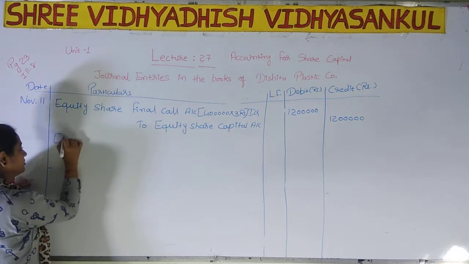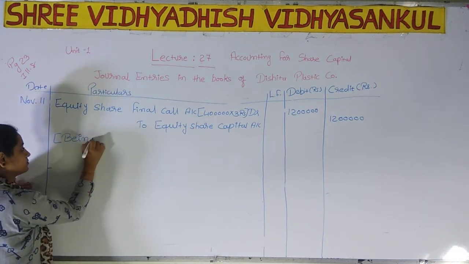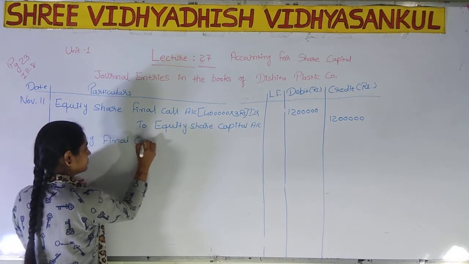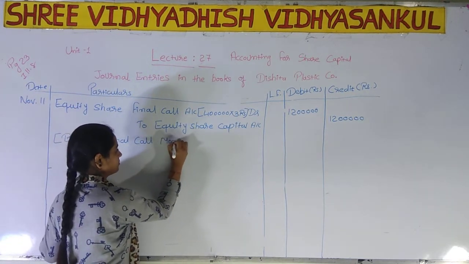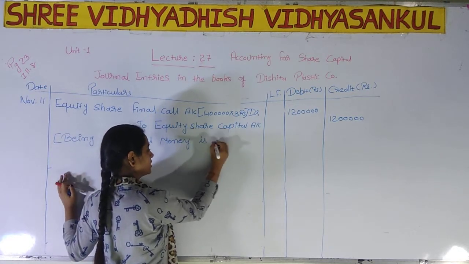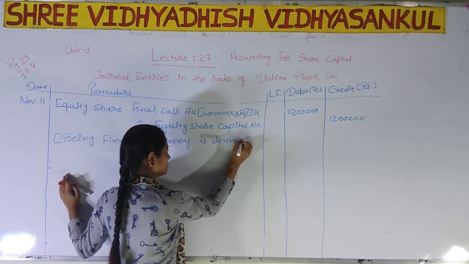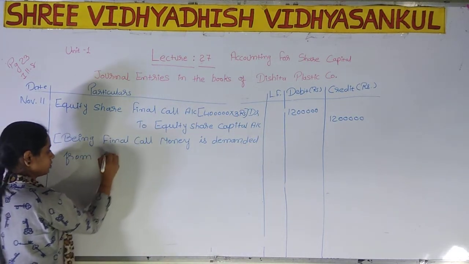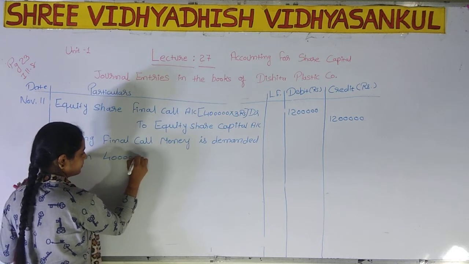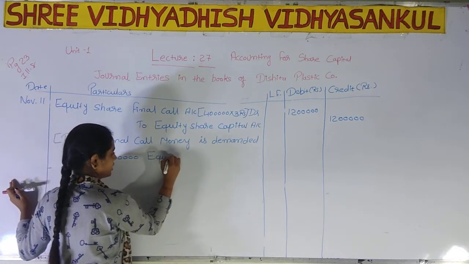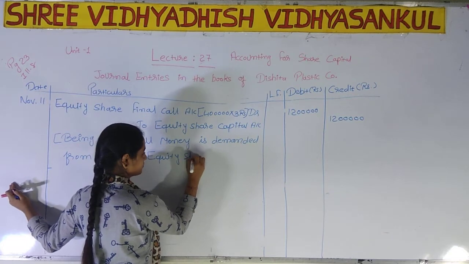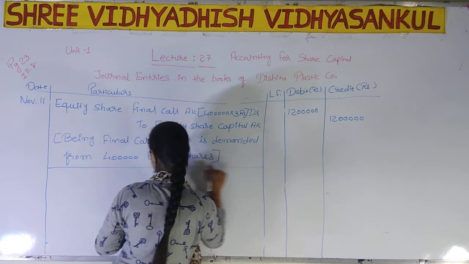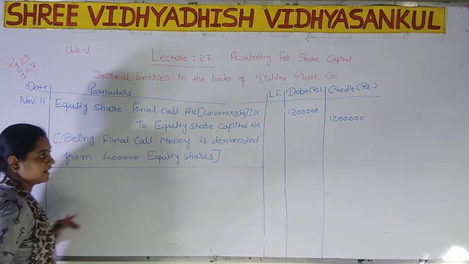Now we'll write being final call money is demanded from 4 lakh equity shares. Bracket over, underline, leave one line, then next.